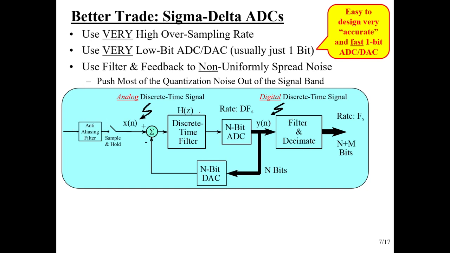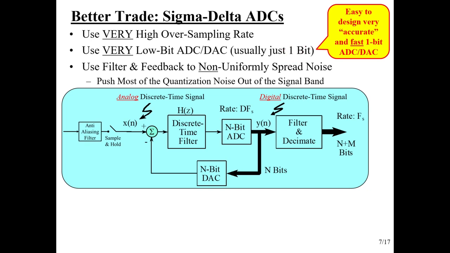Then we have a transfer function, and I show it as an n-bit pair, but it's usually just 1-bit. Although some people have been experimenting and maybe even bringing to market these days, maybe 2 or 3-bit sigma deltas. It's been a while since I've looked at what's available, because it's been a while since I've had to worry about actually building real-world systems. But most sigma deltas, this n value here is 1.